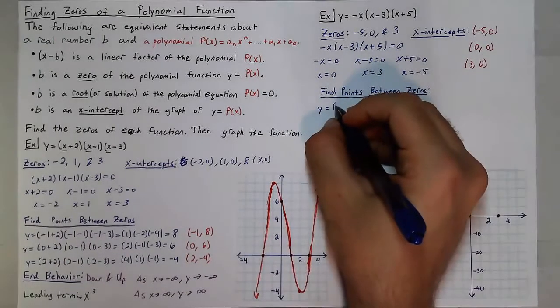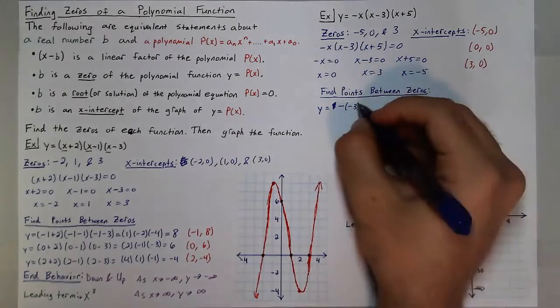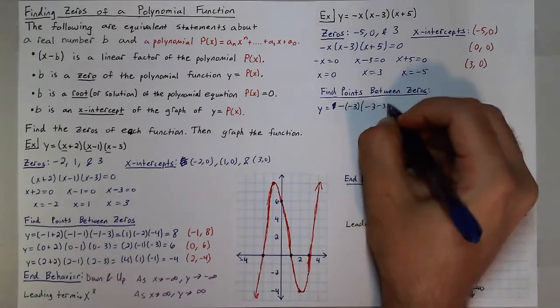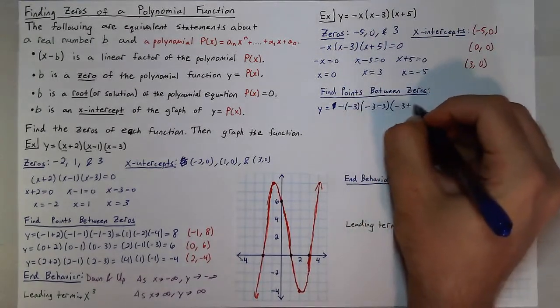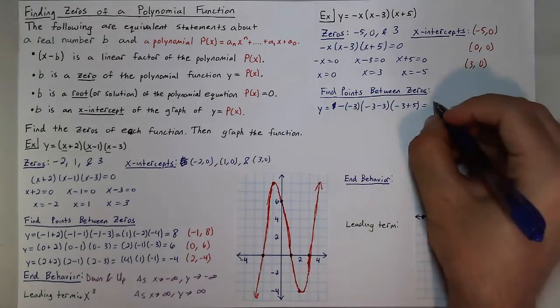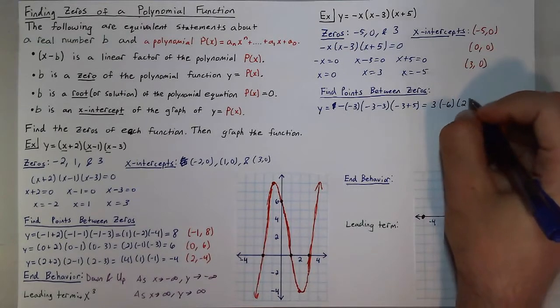So starting off with negative of negative 3 times negative 3 minus 3 times negative 3 plus 5, which gives me negative of negative 3 is 3 times negative 6 times 2.